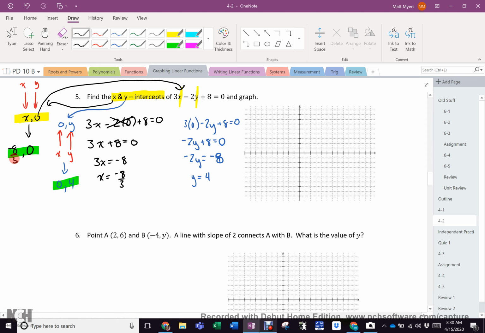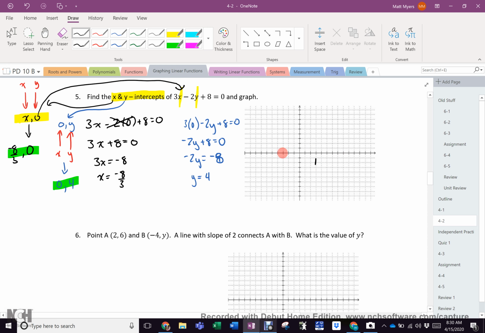Now there's a problem with this because 8/3 isn't pretty. So I could do this. 1, 2, 3, and make that 1, which means each square on the x-axis is worth 1/3, because see, 1, 2, 3 makes 1. So I need negative 8/3.